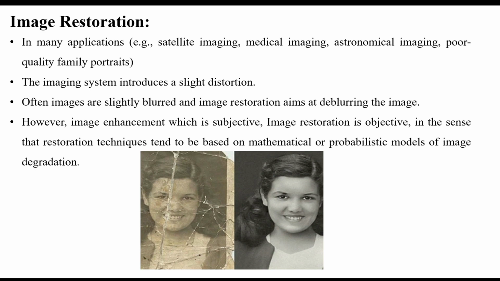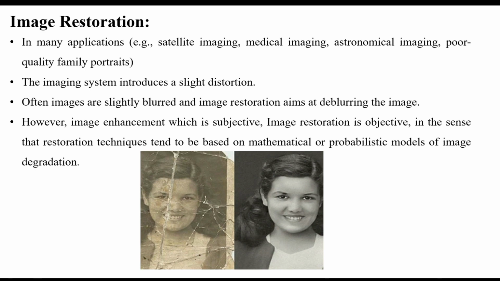For example, satellite imaging, medical imaging, astronomical imaging, poor quality family portraits. These are images we cannot see clearly, right? By using image restoration, we can see a clear image.